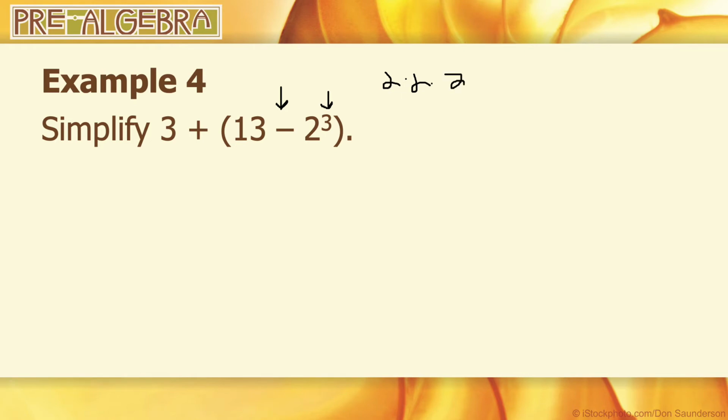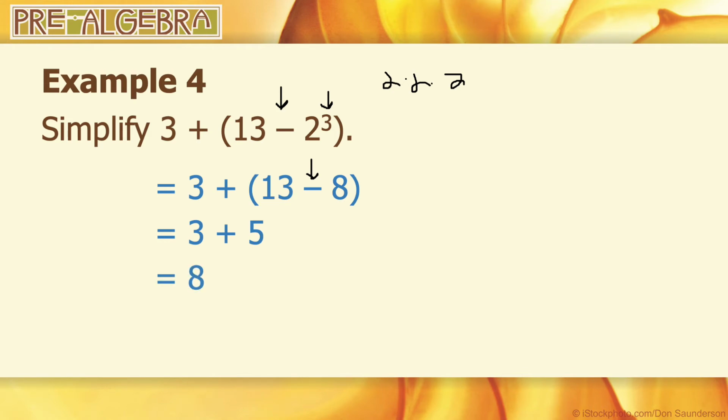We're going to pretend those little tiny dots are multiplication signs. So I've just rewritten it and only replaced 2 cubed with 8. Now I can focus on this operation, the 13 minus 8. So 3 plus 5 is our final answer of 8.